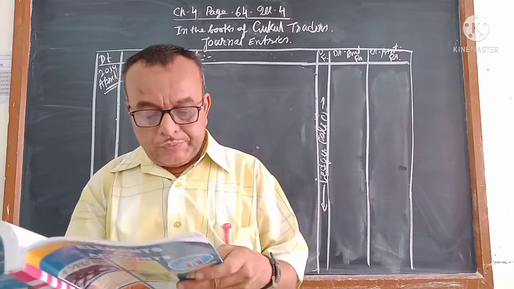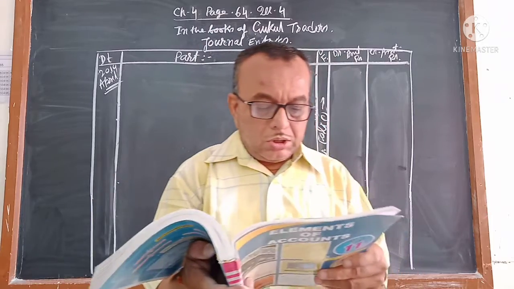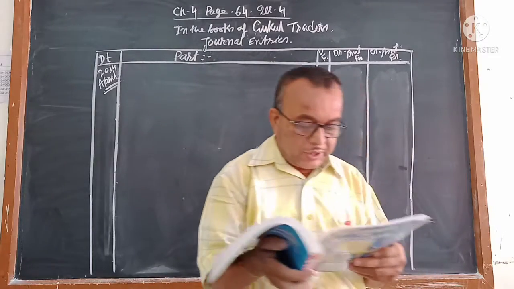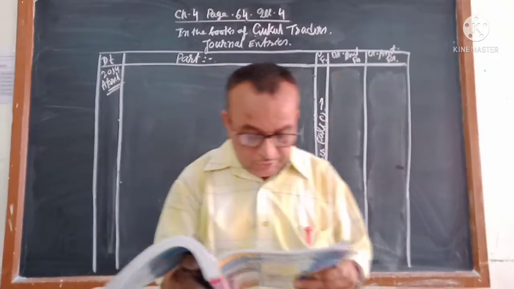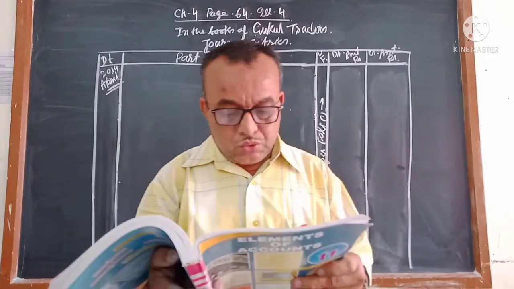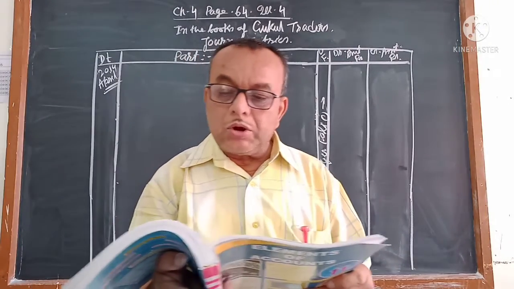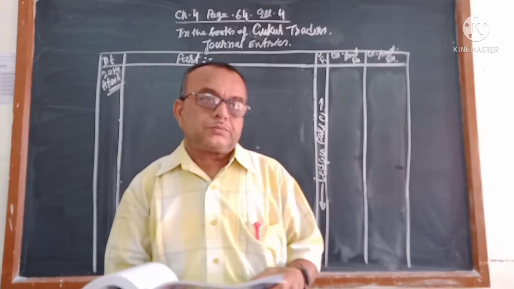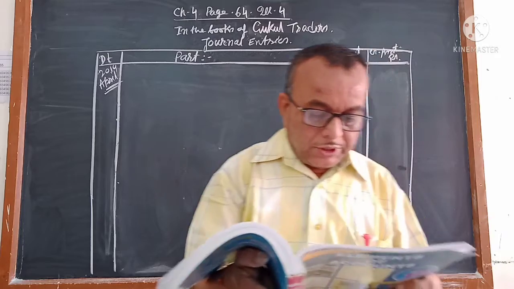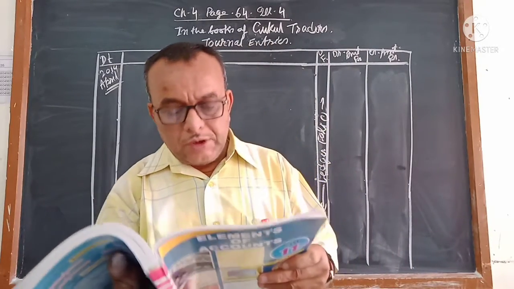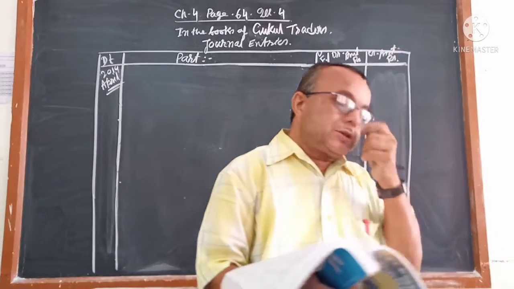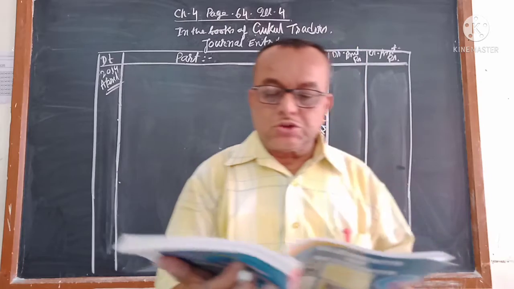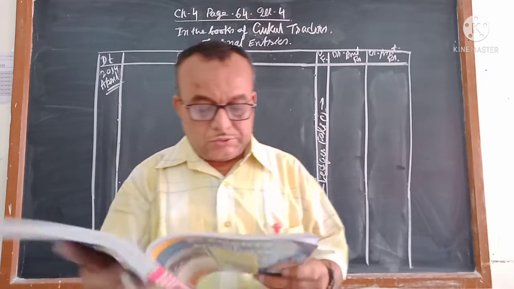So your journal is coming: cash account debit 10,000, stock of goods account debit 10,000, furniture account debit 5,000, to Gokul Traders capital account. 10 plus 10 plus 5, 25,000 will be the credit. Now see the answer: cash account debit, stock of goods account debit, furniture account debit, to capital account.